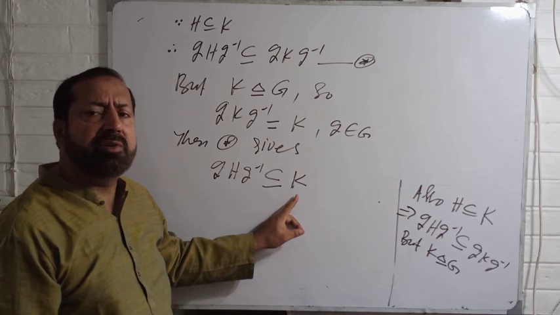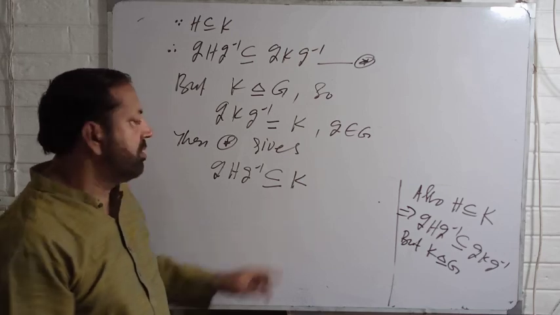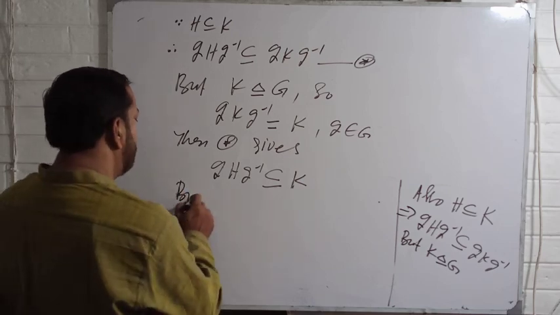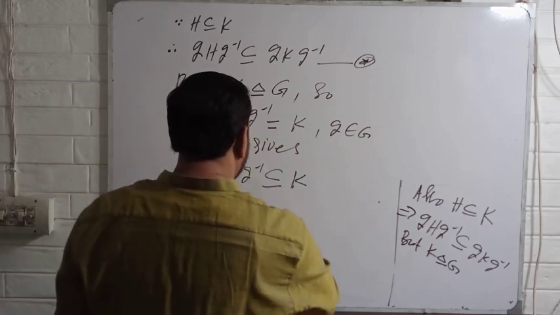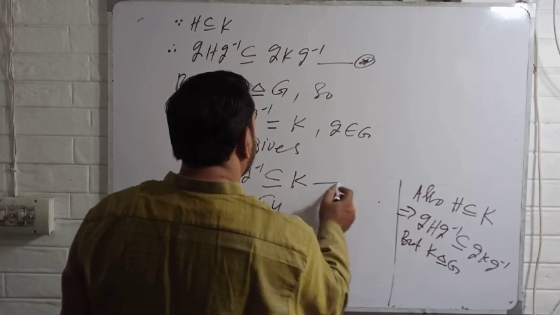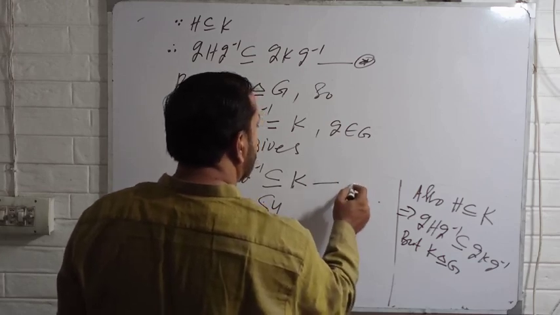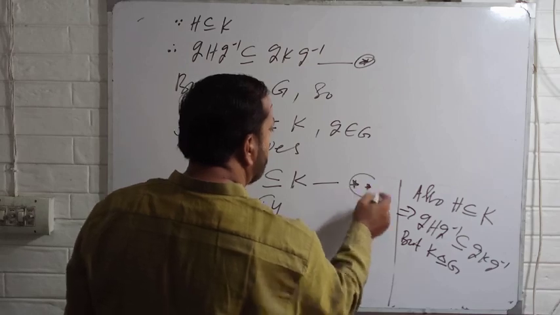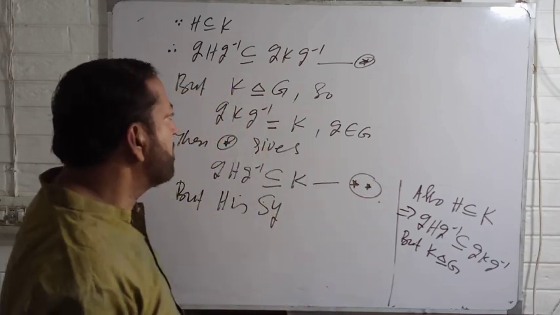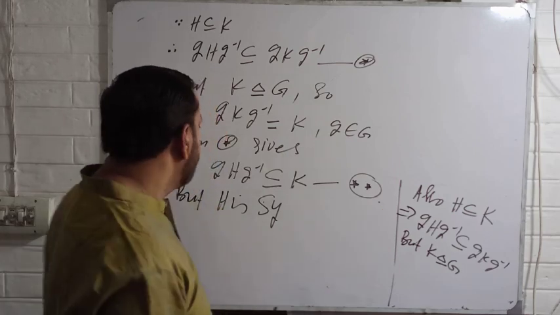But any two Sylow P subgroups in K are conjugate to each other. But H is a Sylow P in K, say double star, I don't know the last number, so that's why I'm using star and double star.